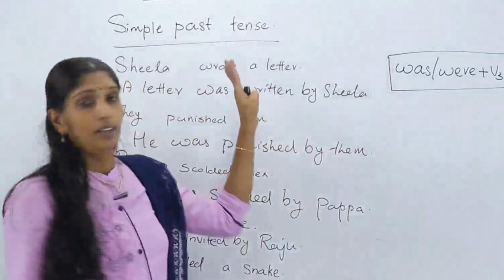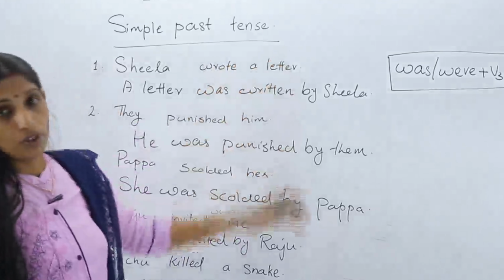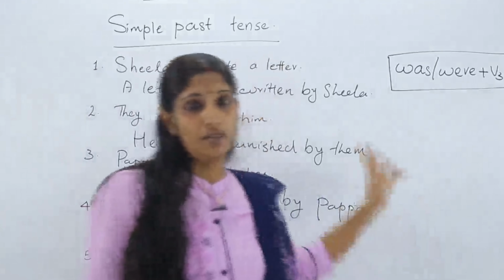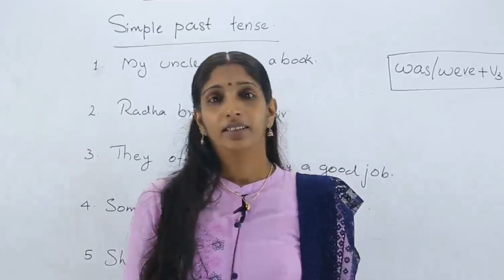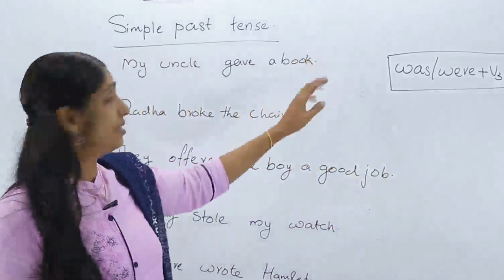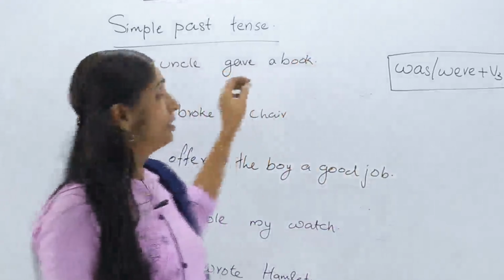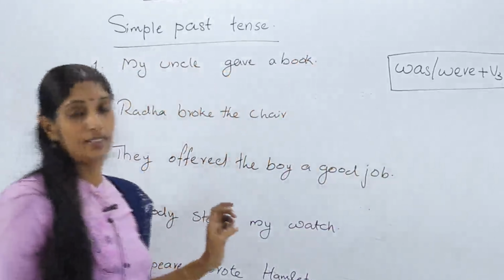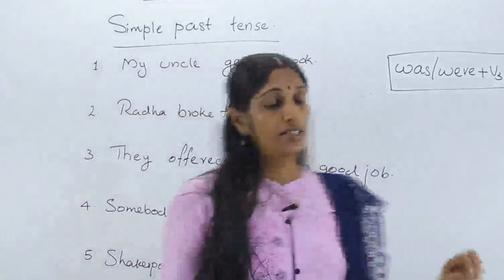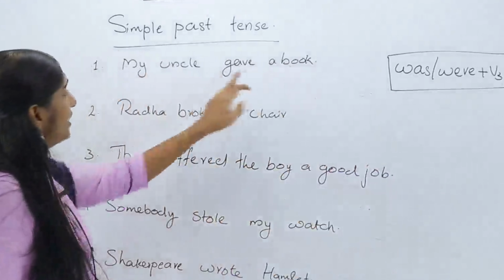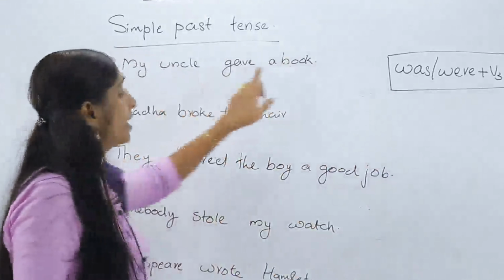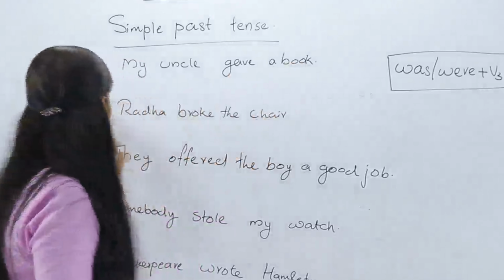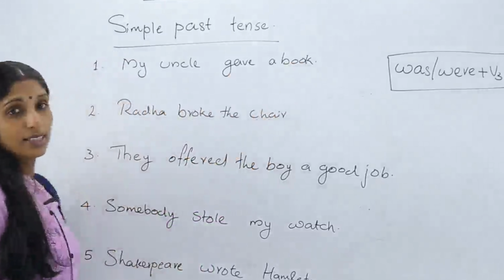Okay. Now let me give you some more questions to practice. Please write down the questions. First, you have to write down all these 5 questions, and after that we can discuss the answers. Okay, write fast. First one, my uncle gave a book. Second question, Radha broke the chair.